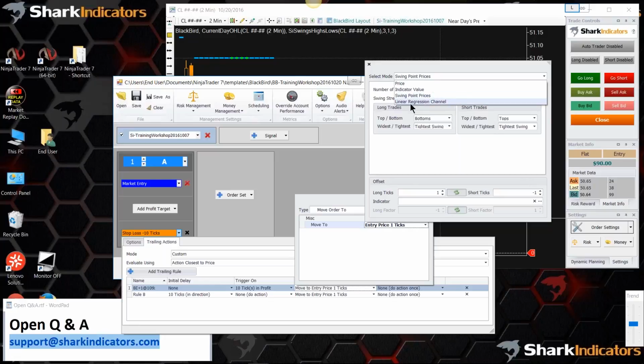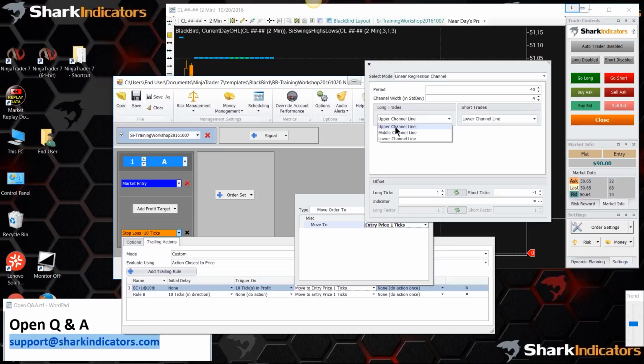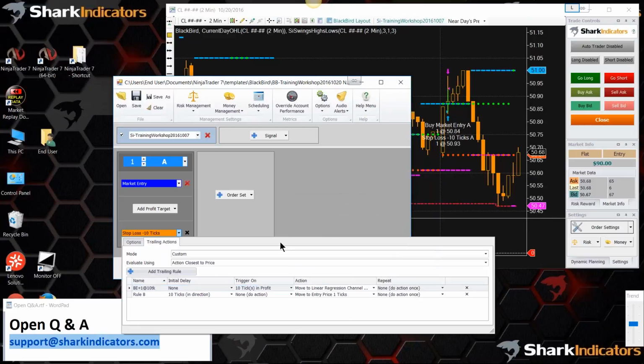Or if you're into using the linear regression channel, there you go. You could use the linear regression channel, set your period, set your channel width, and then figure out which channel line you want to use: the upper channel line, the middle one, or the lower one. So conceptually, trailing rules are simple, but there are just a lot of options here that make it seem complicated.